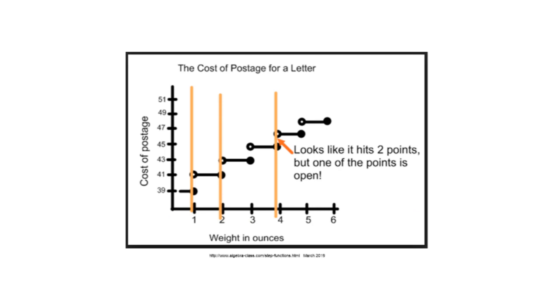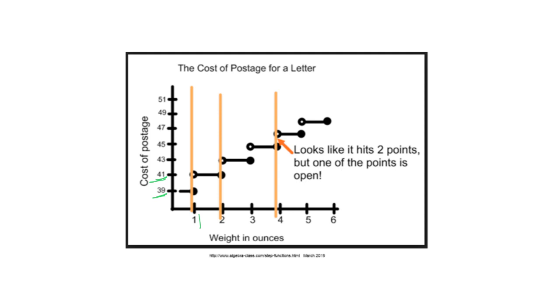The mail system is the same way. You can see here, it depends on the weight, right? And so as long as you are at 1 ounce or less, this is an old chart, you're charged 39 cents. As soon as you go a smidgen over 1 ounce, then you will jump up to the 41 cents.